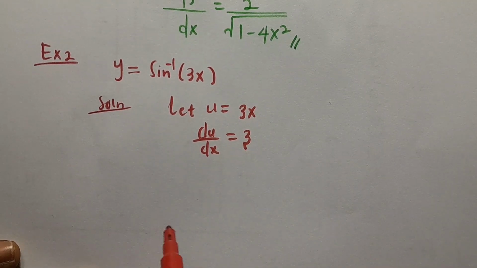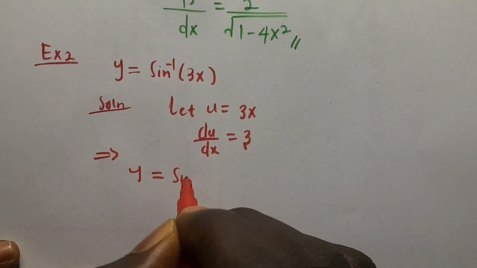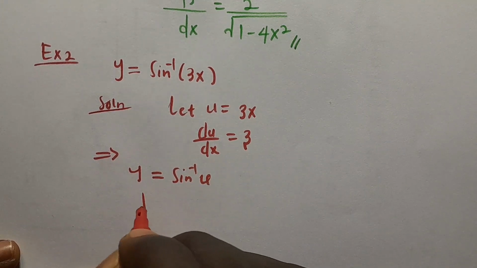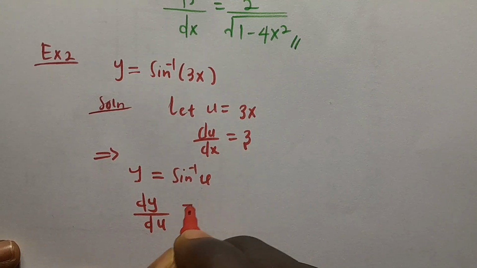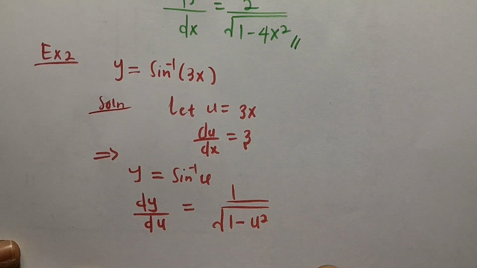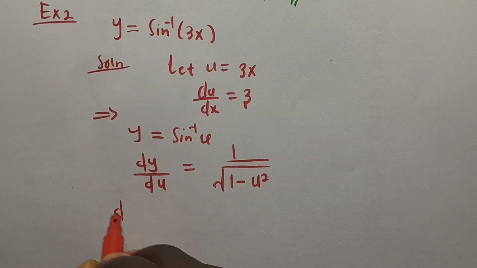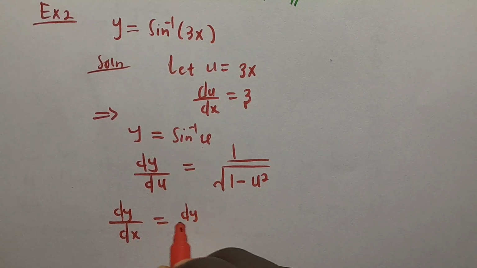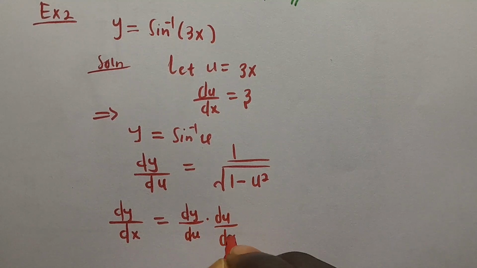So therefore our y will be sine inverse of u, and so dy/du will be equal to 1 divided by the square root of 1 minus u squared. So we have dy/dx from the chain rule, dy/du multiplied by du/dx.